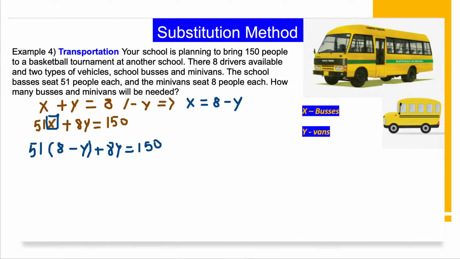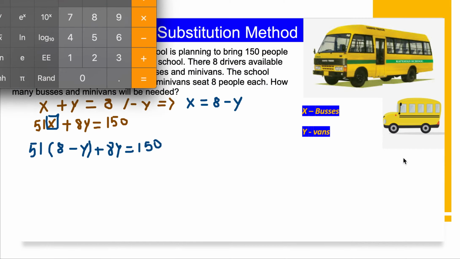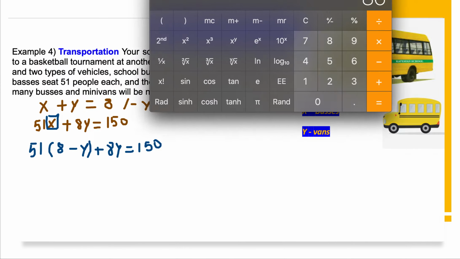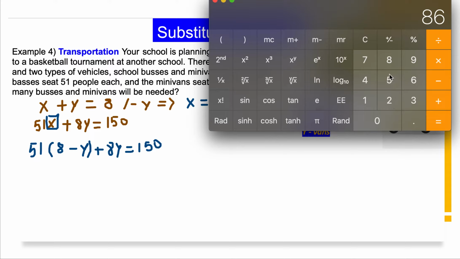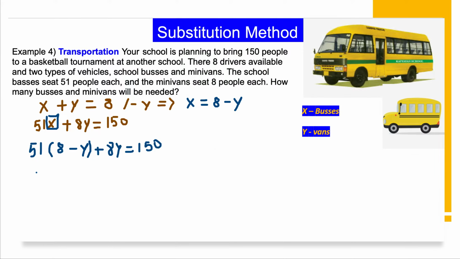The numbers are big, so I need to take a calculator. Let me use a calculator here. 51 times 8 is 408. So this is 408.